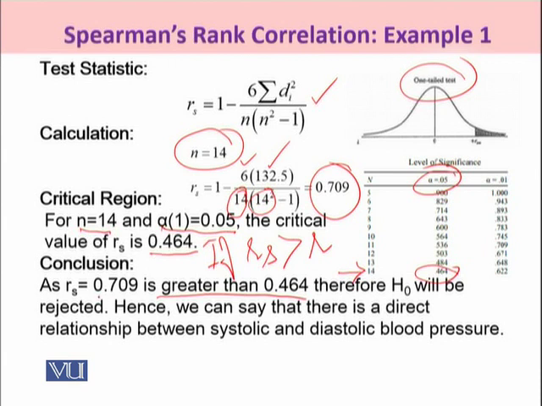As 0.709 is greater than our tabulated value of Spearman's rank correlation under the one-tail test, we reject our null hypothesis H0 and we can say that there is a direct relationship between systolic and diastolic blood pressure readings that were being made by the doctors.